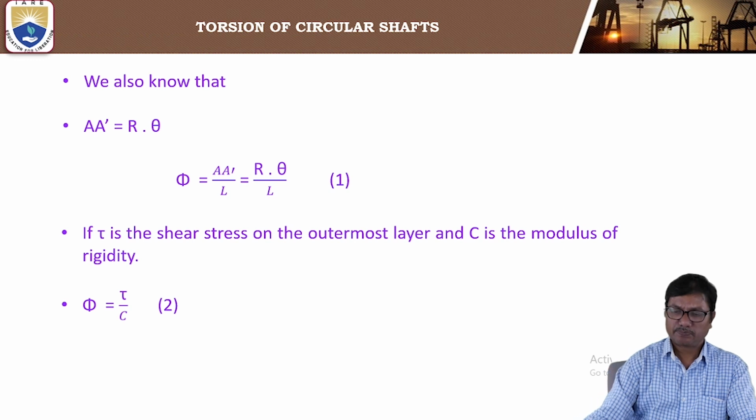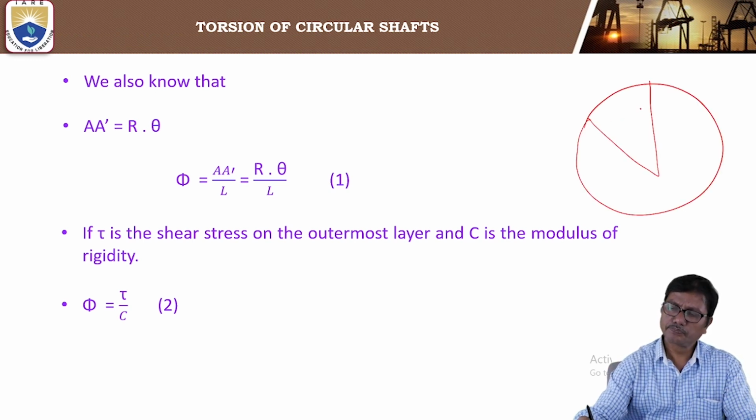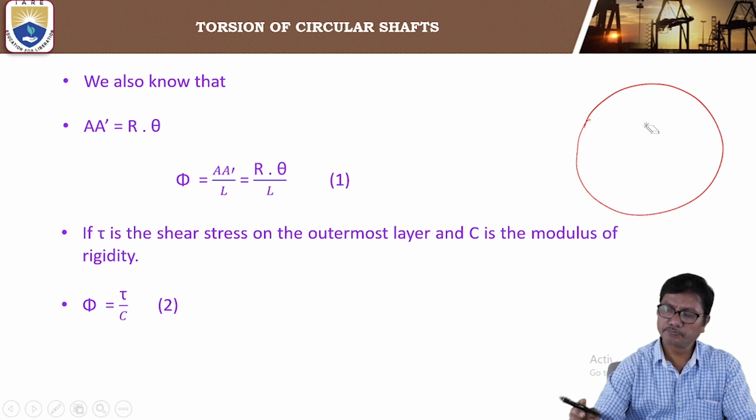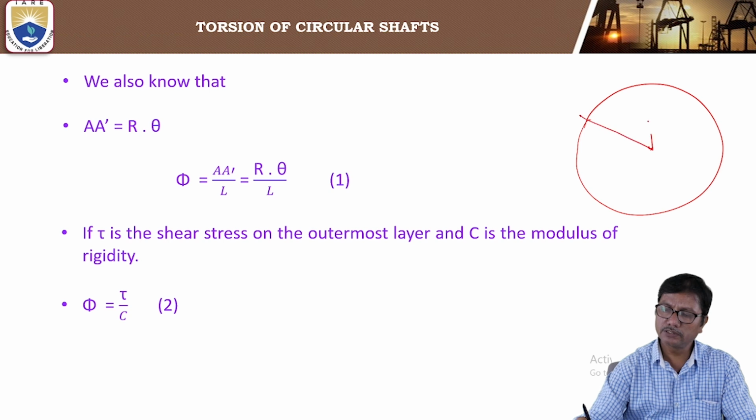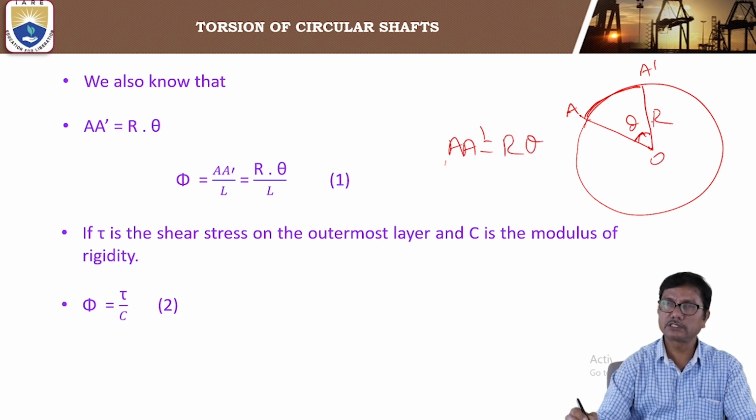Also from this figure, O being the center, the length of arc AA' is equal to radius r times the angle made by the arc, theta.